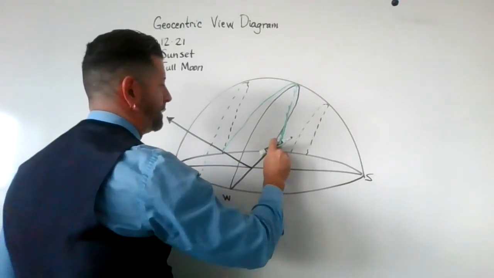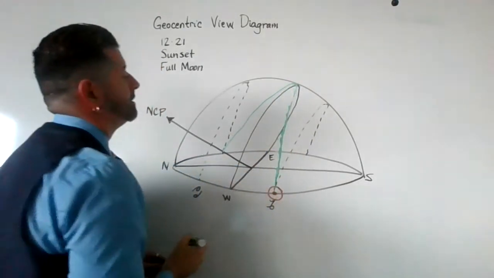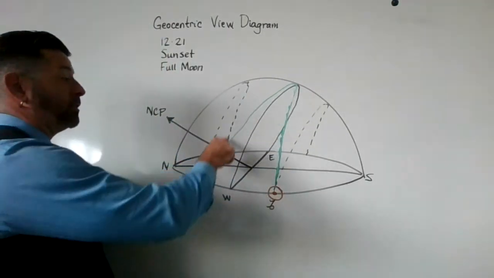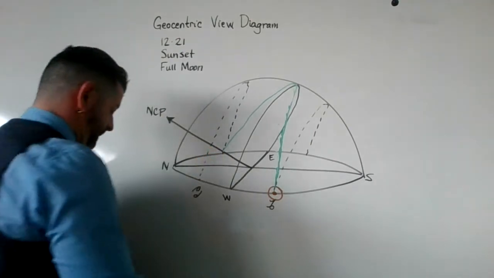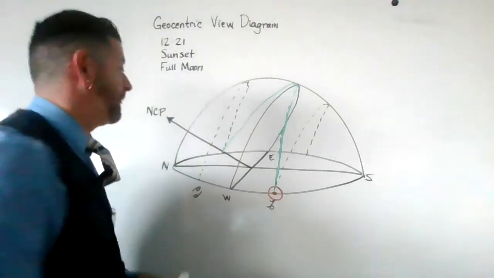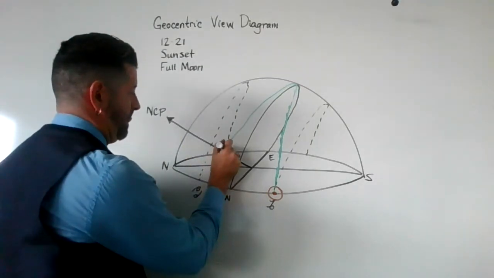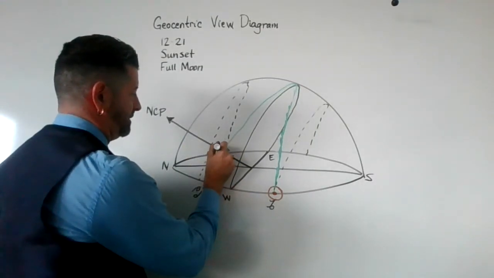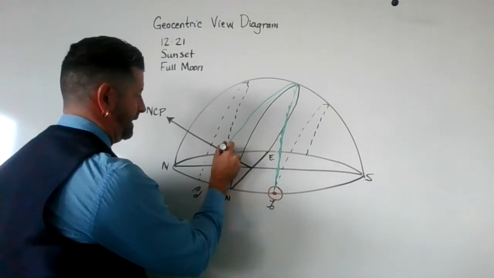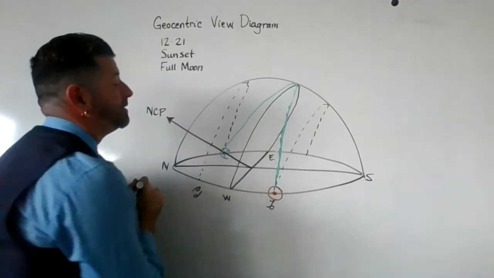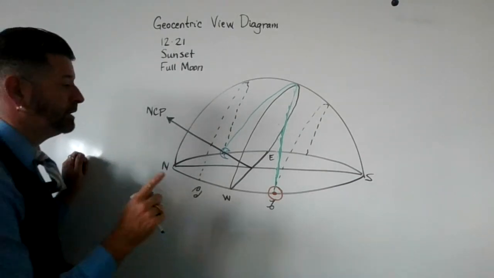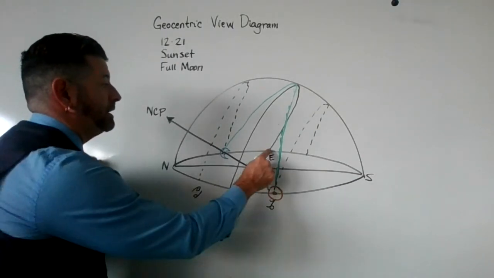So it's 180 degrees away, or it's sitting over here, getting ready to rise, because it's the full moon. So it's over here in the east, on the eastern horizon, 180 degrees opposite the sun. If it was the equinox, it would be here.